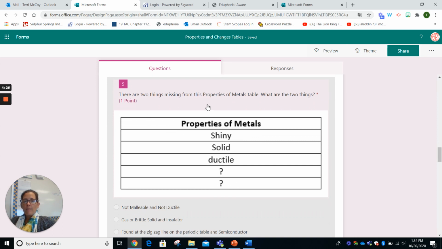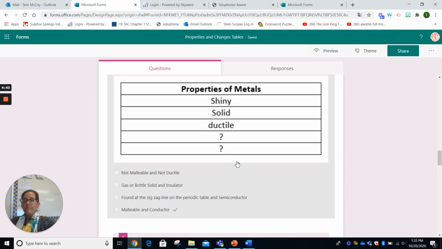Next, there are 2 things missing from this properties of metals table. What are the 2 things? Looking back at our notes, if you have to go find them, you're more than welcome to. Metals are shiny, they're solid, they're ductile. Let's look at our answer choices. We need to fill these 2 spots.